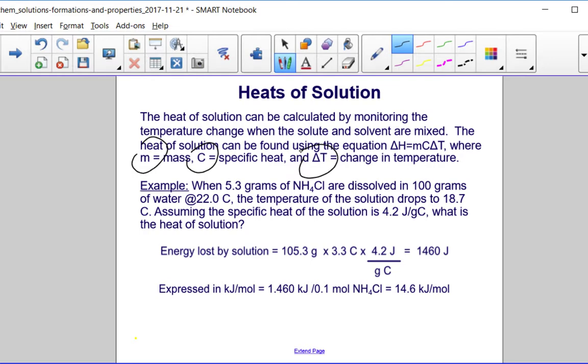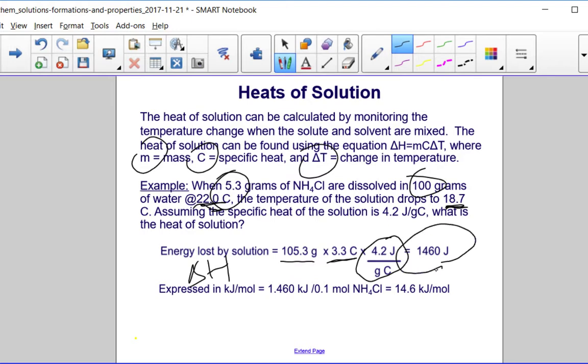Okay, so the energy lost by the solution, or delta H, is m, so 5.3 grams of NH4Cl plus 100 grams of water is 105.3 grams, times c, the specific heat of the solution, 4.2 joules per gram degree Celsius, times delta T. So if we start at 22 degrees and the temperature drops to 18.7 degrees, the change in temperature is 3.3 degrees Celsius, which is an energy loss of 1,460 joules.